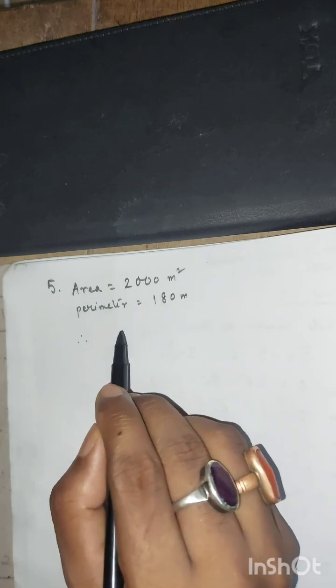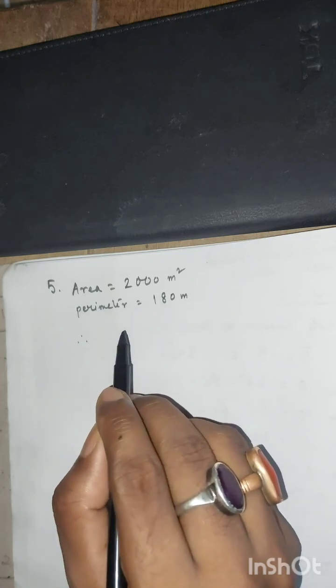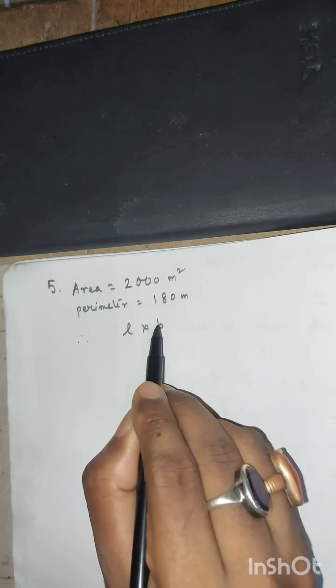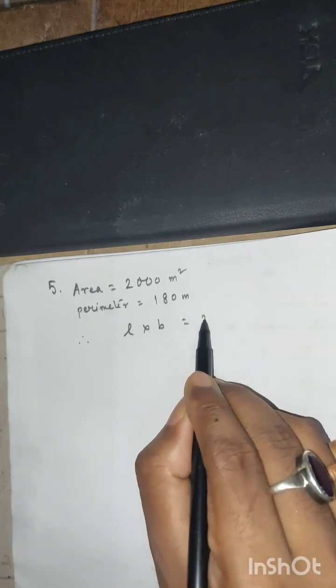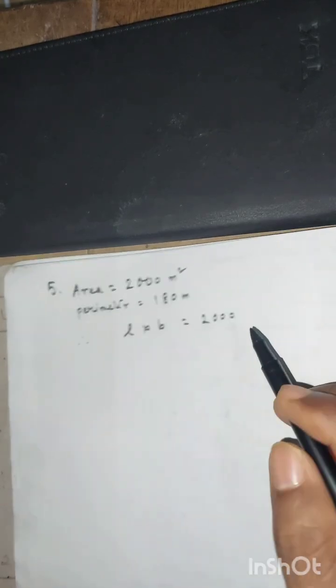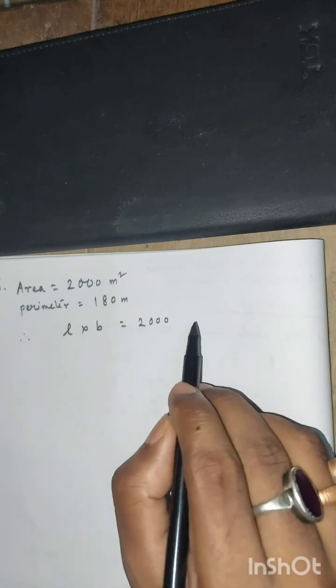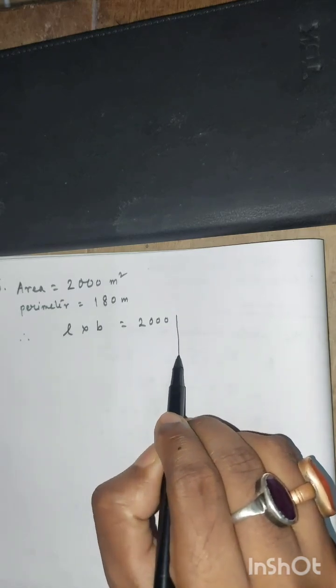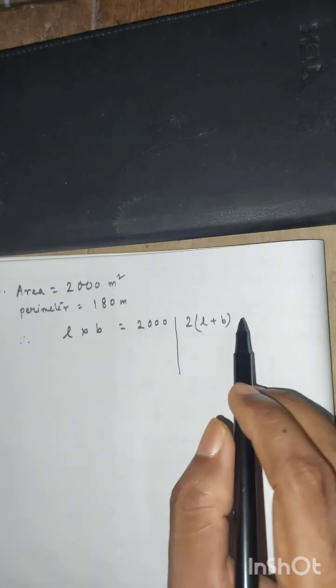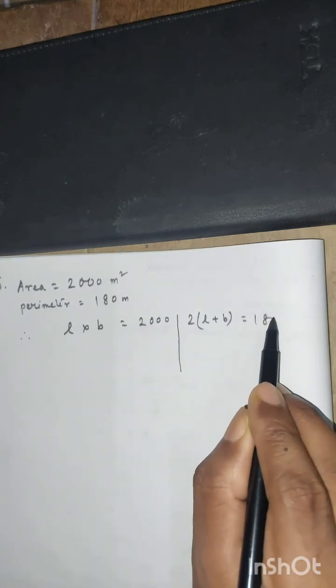So let us first write area, length into breadth equal to 2000. Perimeter means 2 into length plus breadth. This is 180.